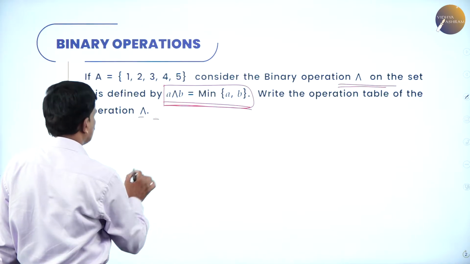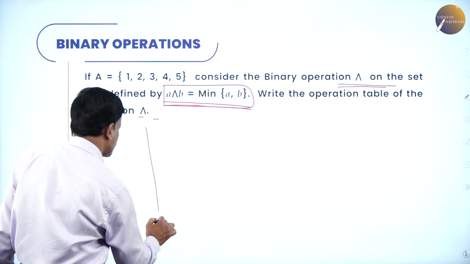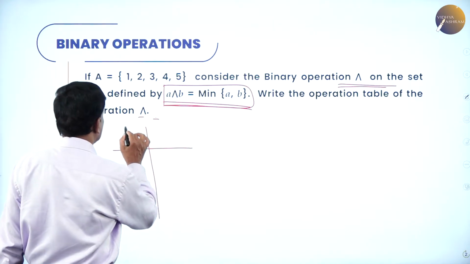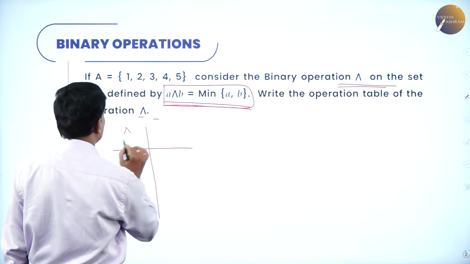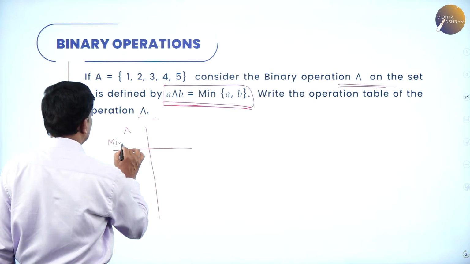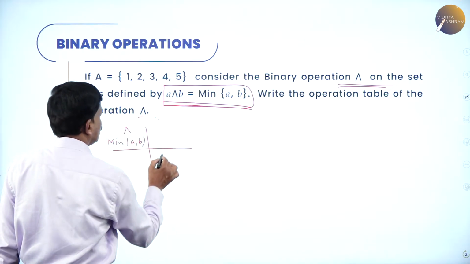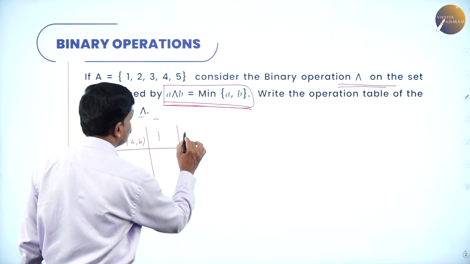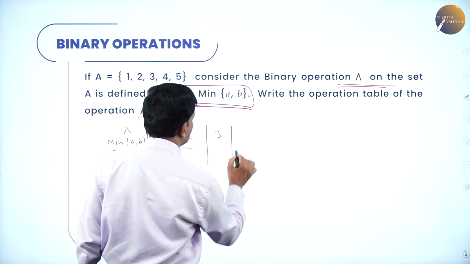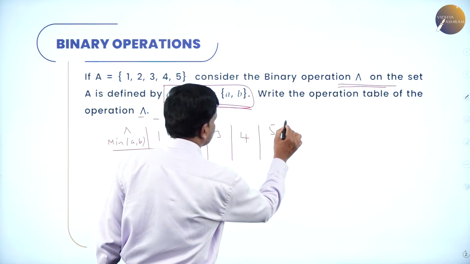That's all. Now let us write the operation table for this. Cap is nothing but what is the condition given? Minimum of A and B. What are the elements? 1, 2, 3, 4, 5.